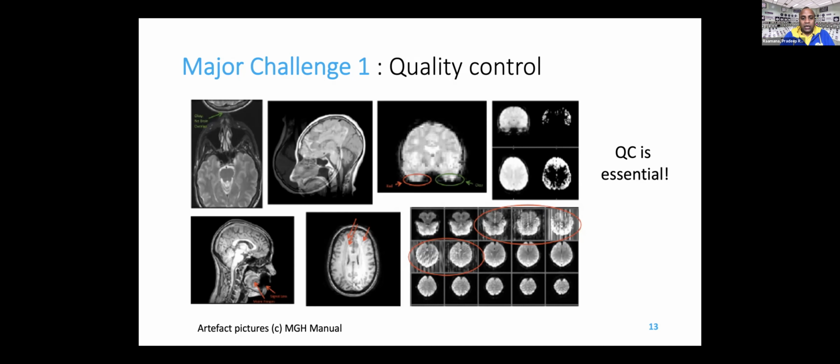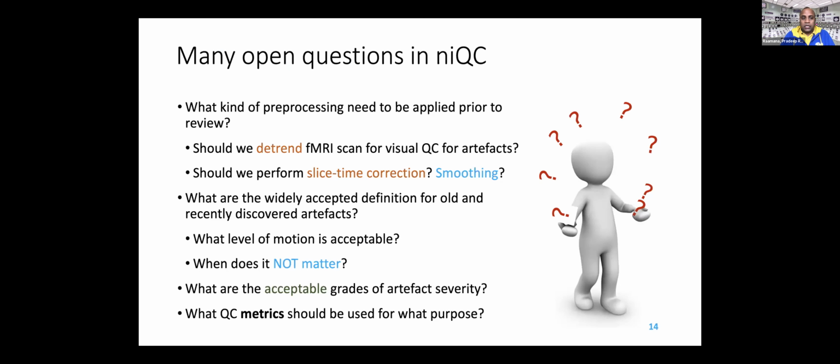We can spend hours on this issue, but I'm going to quickly skip over and let you ask me questions later. Essentially, how do we make it easy for people to do this tough task of QC, and what's actually preventing them?